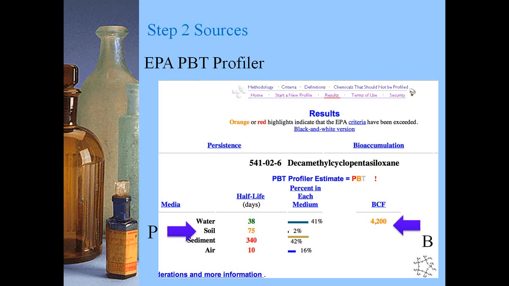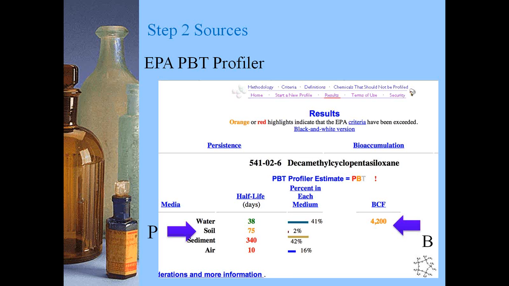It'll tell you what the half-life is for that chemical in all of those media: water, soil, sediment, and air. It'll also tell you what the bioaccumulation is, the BCF. It tells you it has a BCF of 4,200, and BCF stands for bioconcentration factor. And QCAT includes what all of these mean in its demonstration about access.